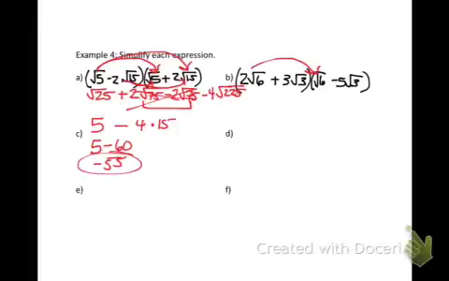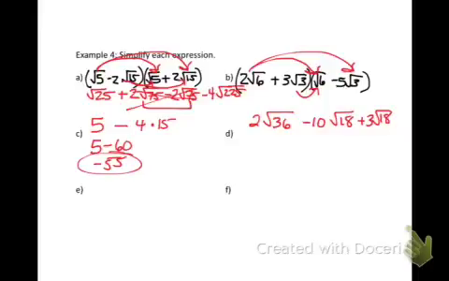So 2 square root of 6 times square root of 6 would be 2 square root of 36. And then you're going to do outer, which would be negative 10 square root of 18. And then you would have plus 3 square root of 18. And then minus 15 square root of 9.